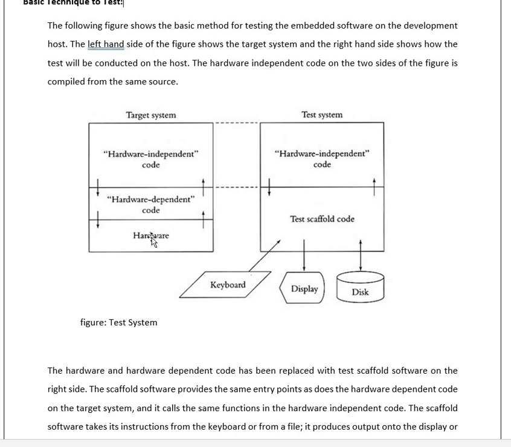The hardware dependent code and the hardware of the target system is replaced by the test scaffold code in the test system. In this test system, the test scaffold code can take inputs from a keyboard, and it has a display to show any errors that creep in, and this is the disk for storing the results.